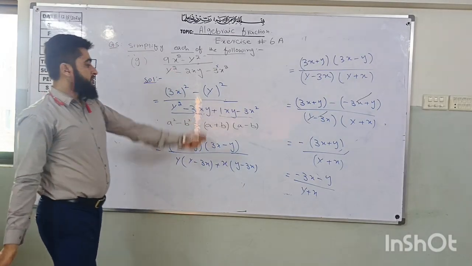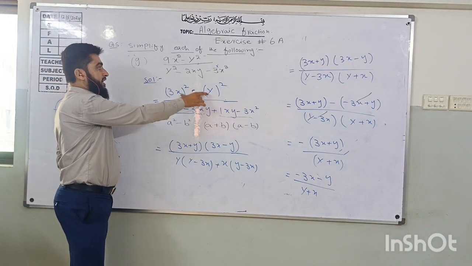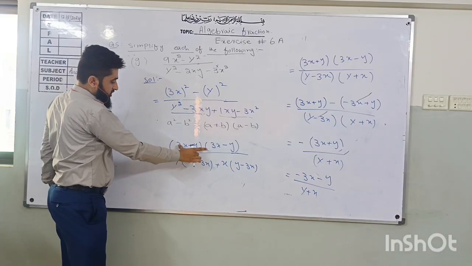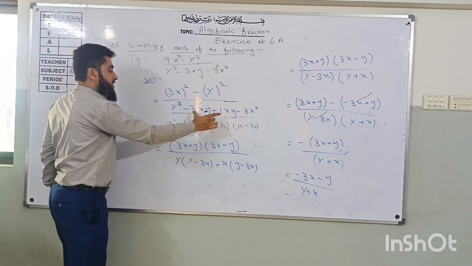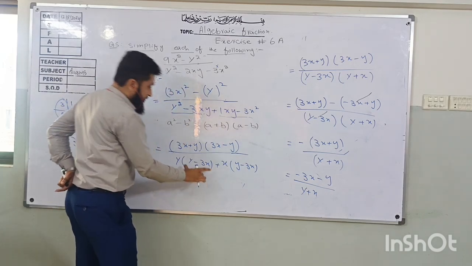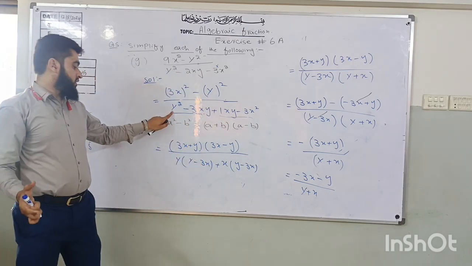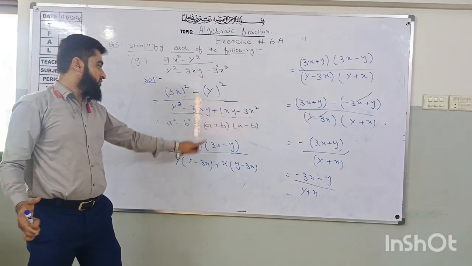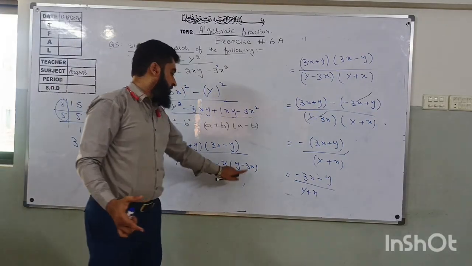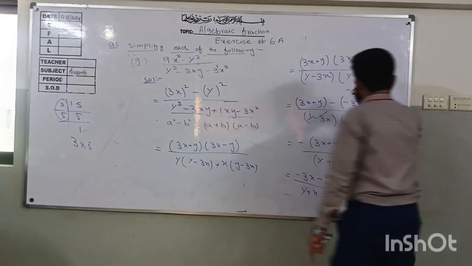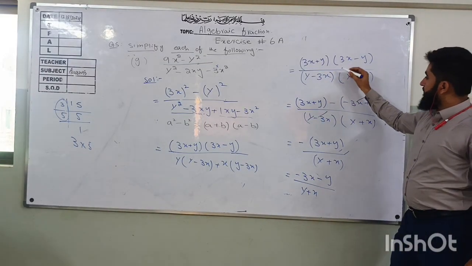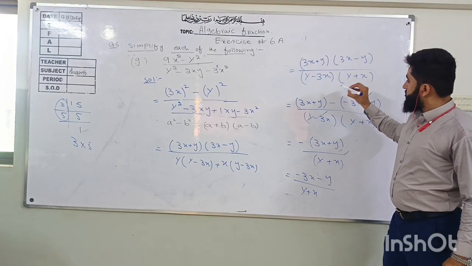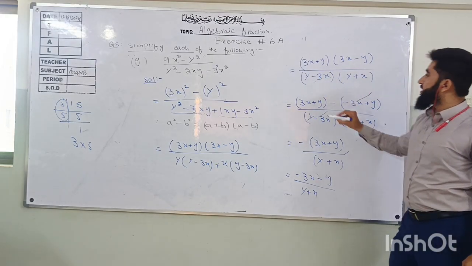So, we will read the steps. First step, by applying the formula, we change a square minus b square equals a plus b, a minus b. Then we apply middle term breaking. We took common y in one group, and x common in the other. The important step is that in this case we have positive x, and in this case we have negative x.